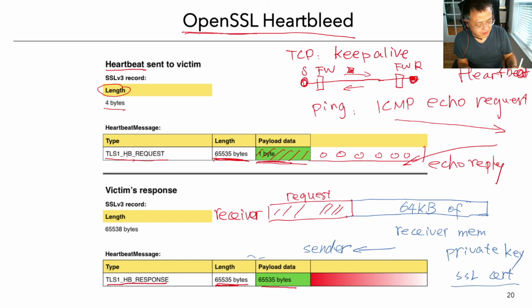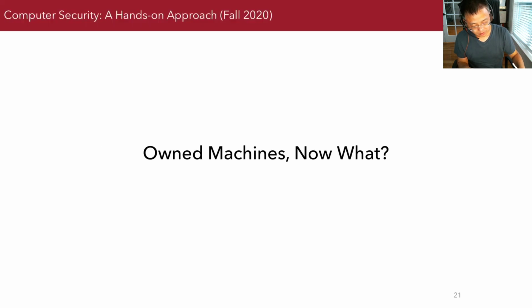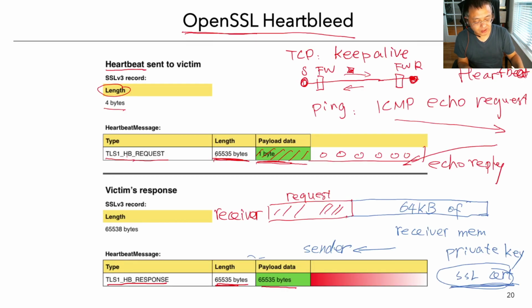What makes it even worse is that this message is not logged, so the server admin has no idea whether this happened or not. To ensure security, normally they need to get a new certificate. Okay, let's stop here.